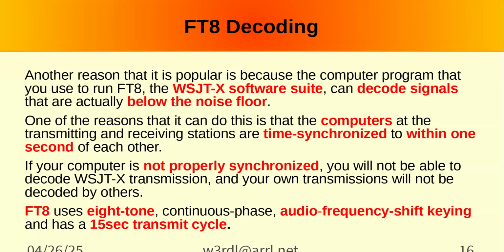The program is set up to send a call sign and grid square to respond to a CQ. But you can bypass that and go straight to the signal report, and in three cycles you can have a confirmed contact.